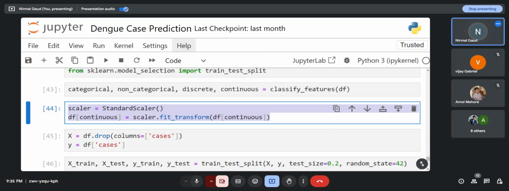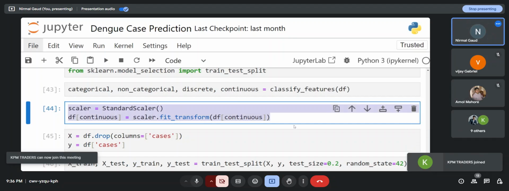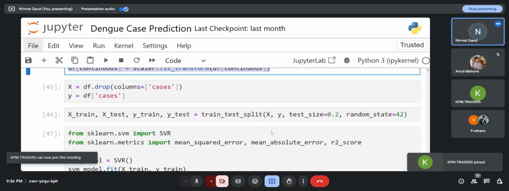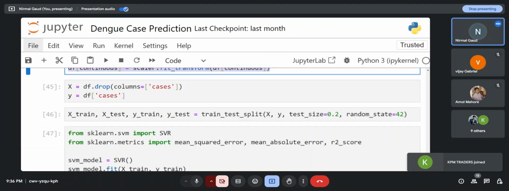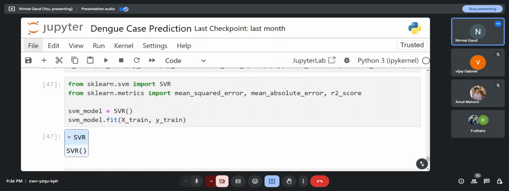We are not applying scaling on the discrete features. Okay, so continuous features, fine. I scaled them, and then I dropped cases from X and put it in Y. I performed train test split and used support vector regression.